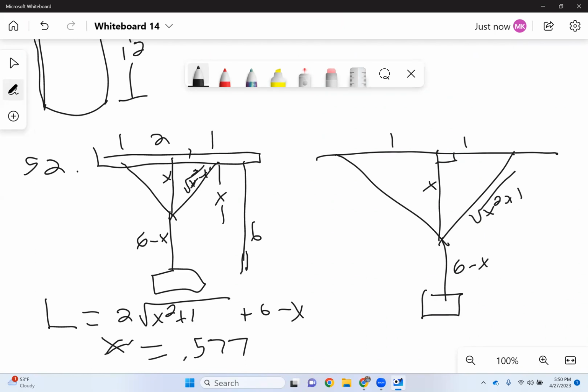And the question asks, how far below the ceiling should the cables be joined to minimize the total length? Okay, so in other words, where should they be joined? Right here at 0.577 meters below the ceiling. Great problem. Great answer.